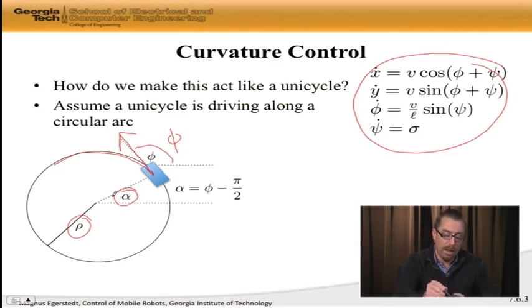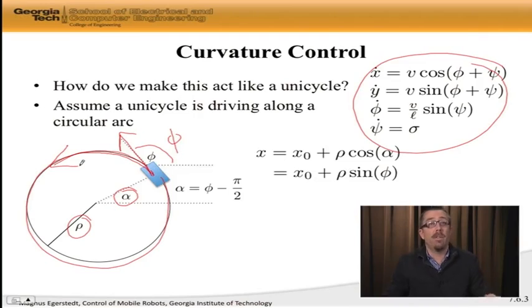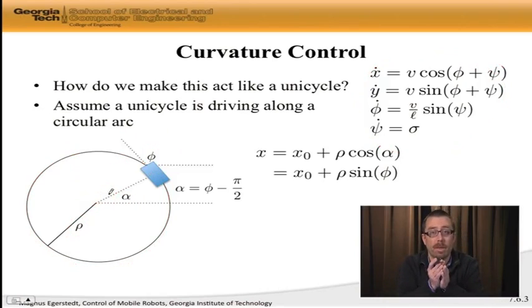Okay. If I'm describing how this thing is evolving along a circular arc, then I get, for instance, that the x position is simply, let's say that the center of the circle is x naught, y naught. Then x is simply x naught plus rho cosine alpha.